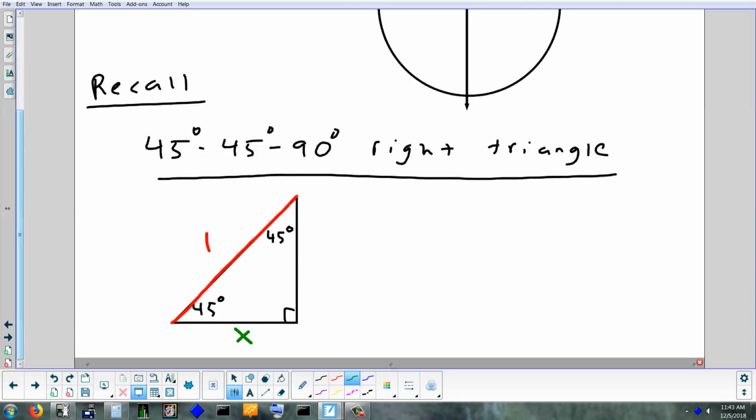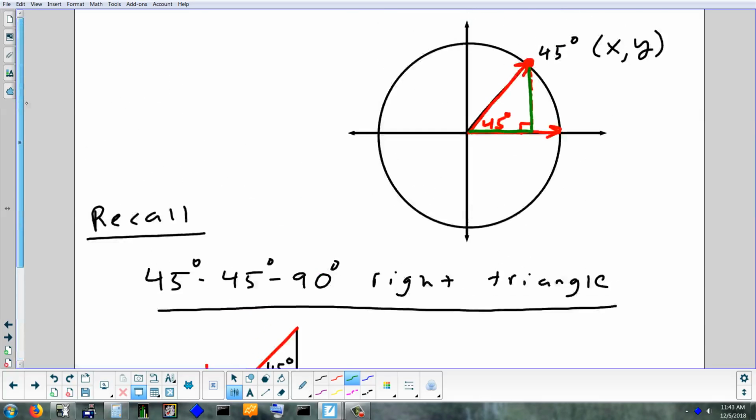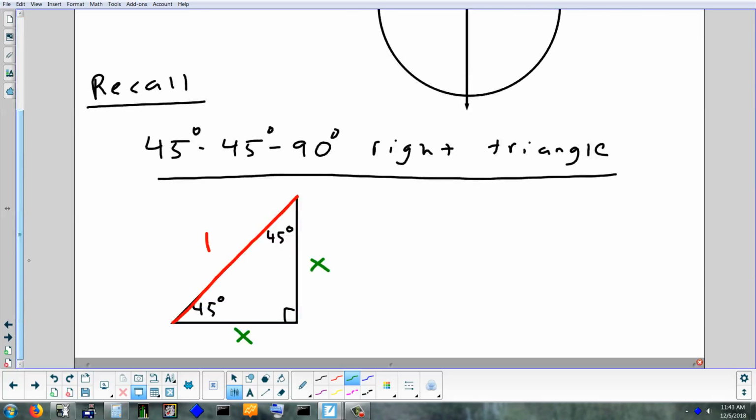Don't call it something different. It's not different. It's the same. And now we just have to solve for x. And once we know what x is, that's going to be how far right and how far up you go to get to 45 degrees. There's a theorem we can use when you know the sides in a triangle to find the length.